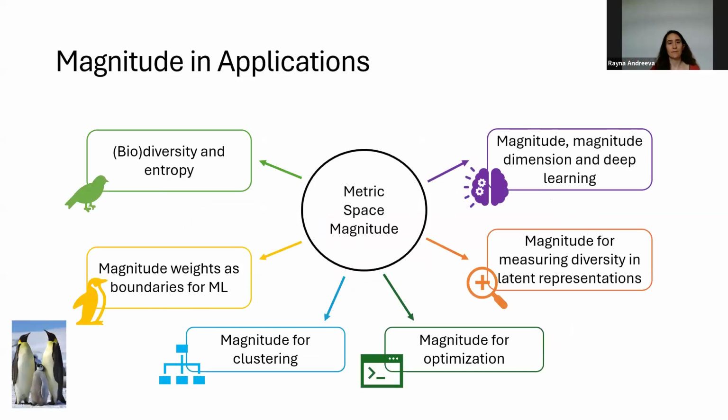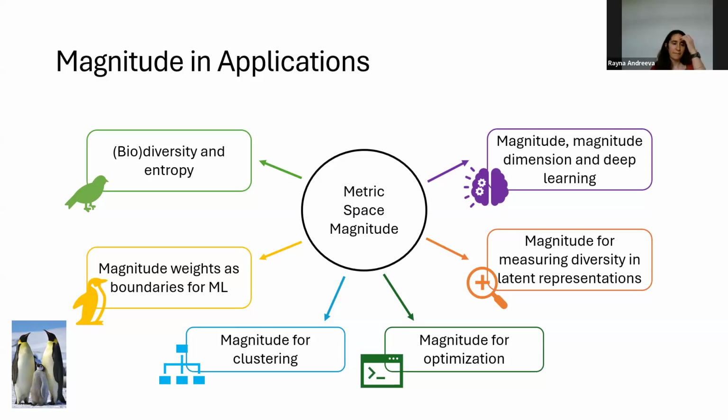Okay, so now that you know what is magnitude, let's say what magnitude has been applied to. So the concept of magnitude originally popped up in theoretical biodiversity, in theoretical ecology, and the point was there to quantify how diverse species are.